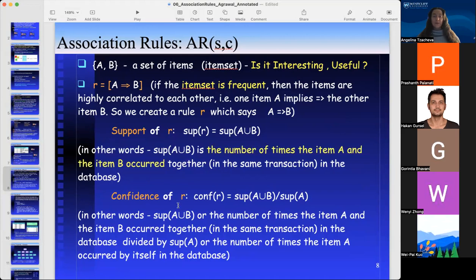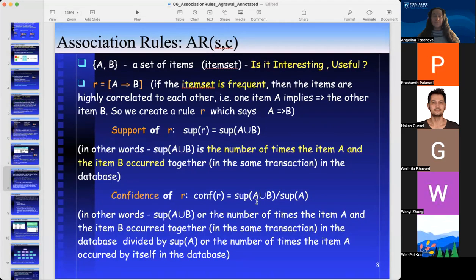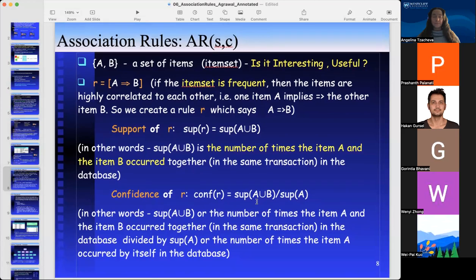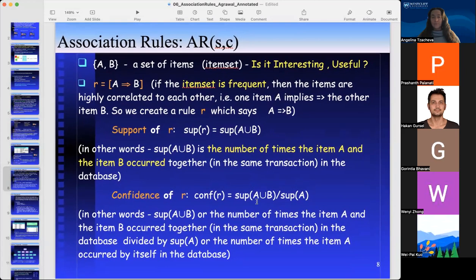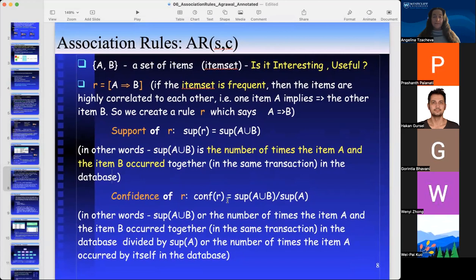Now the confidence is something different. It is the support of those two items divided by the support of the item on the left-hand side. So the confidence will tell us how likely it is that this rule is true.